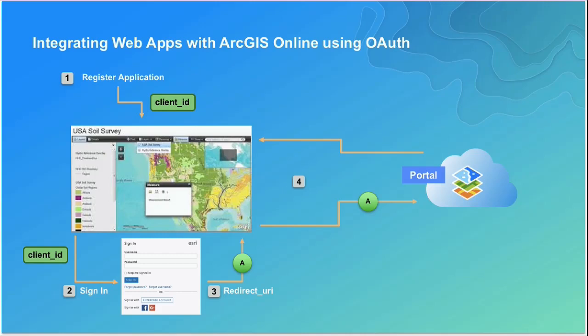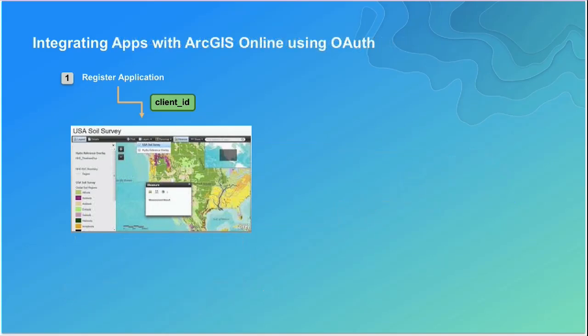And for instance, you could load up the web maps that they own or the data sets that they own and use them in, let's say, your JavaScript API app that you want to create for the user.